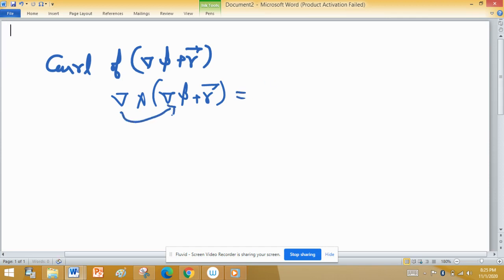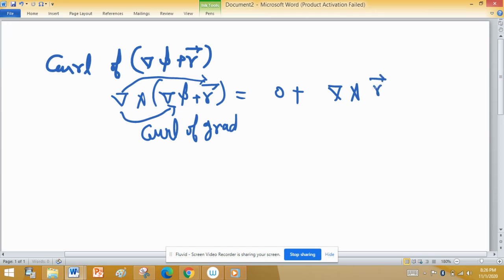It means curl of gradient, and I already told you the curl of a gradient function is 0, plus now this nabla operator with a cross product with the position function. Now we have to compute only this nabla cross position function as a cross product.